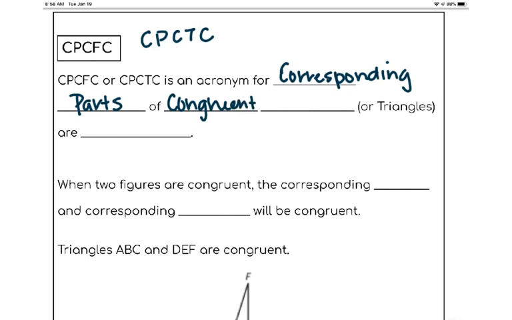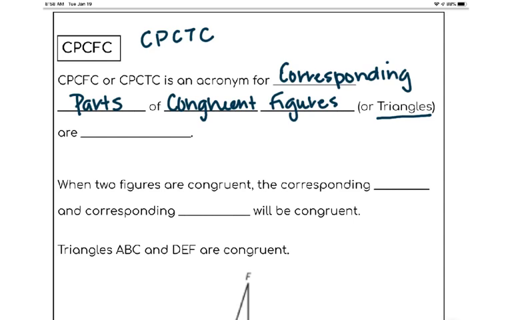So we've done a transformation and we've determined that these two figures are congruent, but we can actually use their parts to determine that. We are more specifically talking about triangles in this instance, but this will work for all figures.